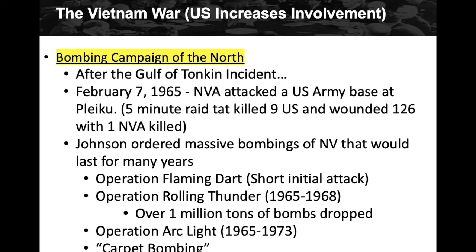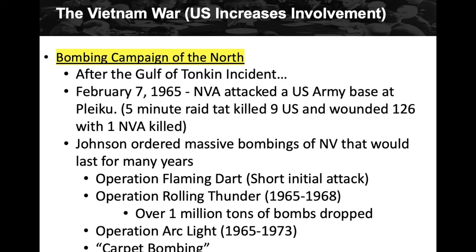So Johnson orders massive bombings of North Vietnam, and this bombing campaign began in the mid-60s, and it would last for many years. Operation Flaming Dart was the first short initial bombing attack in response to the Gulf of Tonkin and the Pleiku incident. The next one is Operation Rolling Thunder.